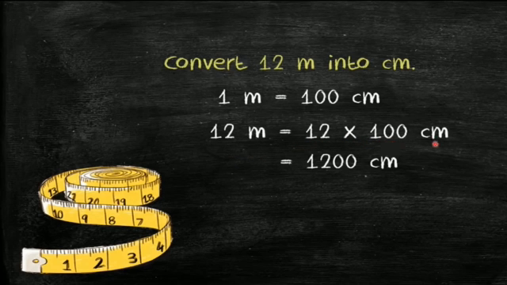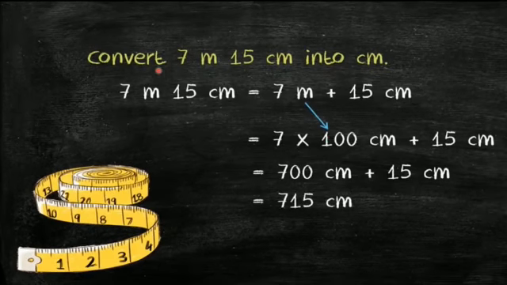And we have to convert into which unit? In centimeter. Whenever you are writing a conversion sum, do not forget to write the unit. We are converting into centimeter, so here we use cm, which is the denotation of centimeter. So 12 meter, if we convert into centimeter, we get the answer 1200 centimeter.